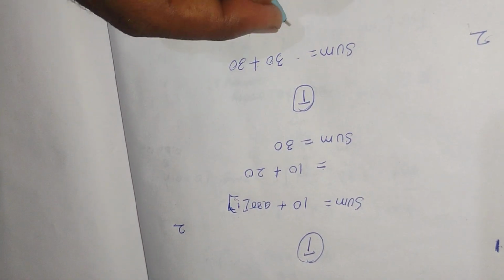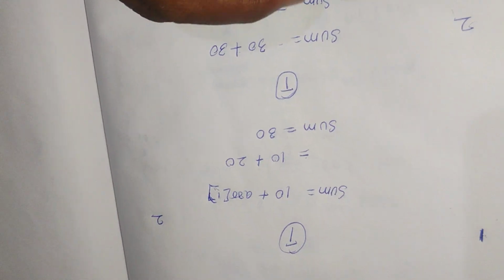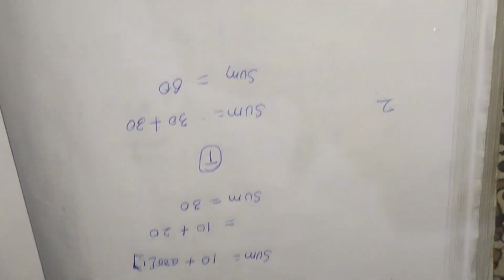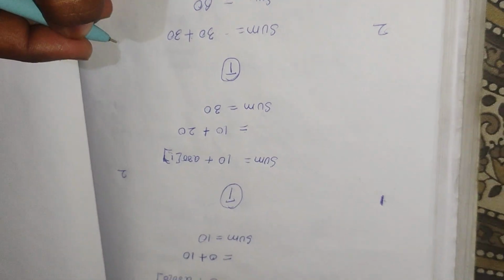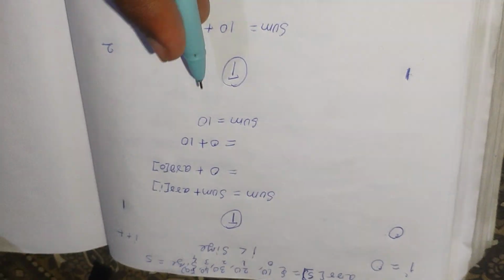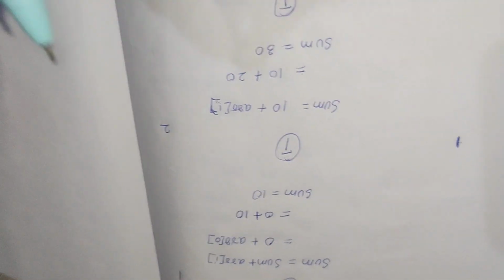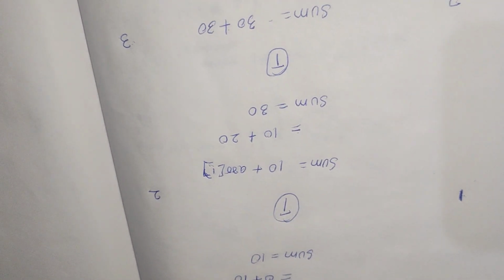This is the second value, 30. 30 plus 30, 60. The updated value for the sum variable is 60. Now again this value is going to be incremented to 3. 3 is less than 5 or not? True. So i will become 3.